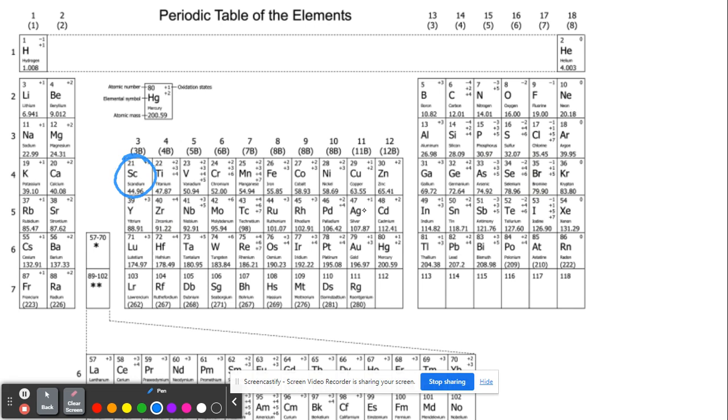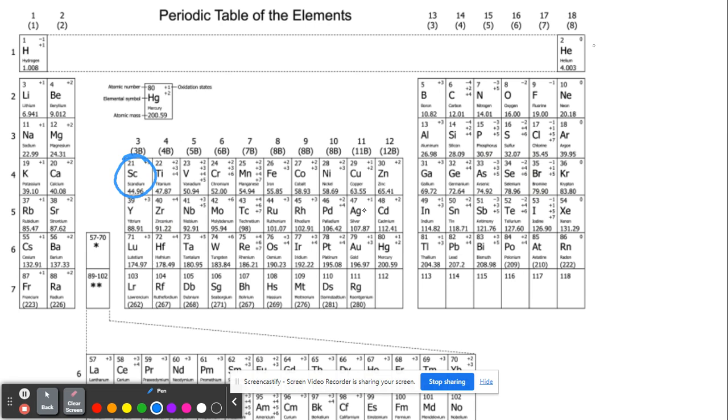So scandium is down here, it's element 21. Scandium has 2 electrons in 1s. I know that because there are 2 elements in the first period of the periodic table.